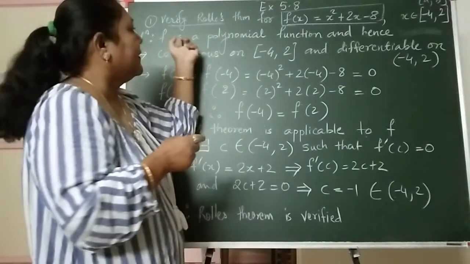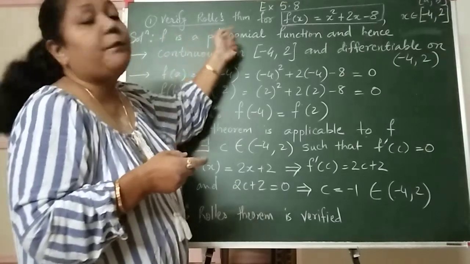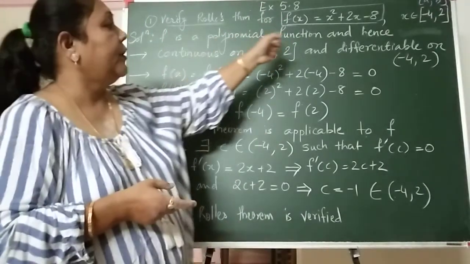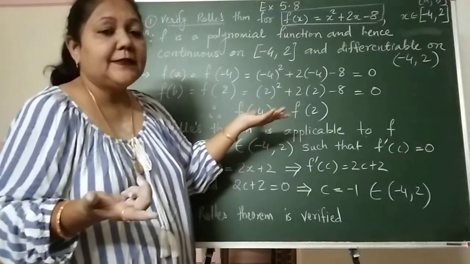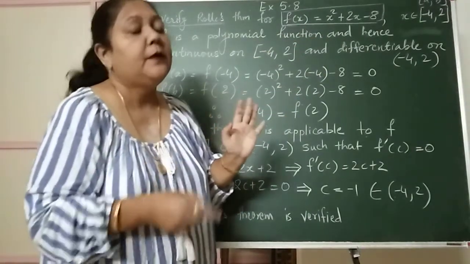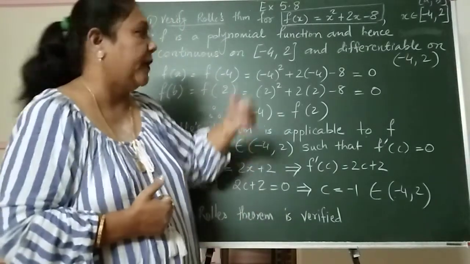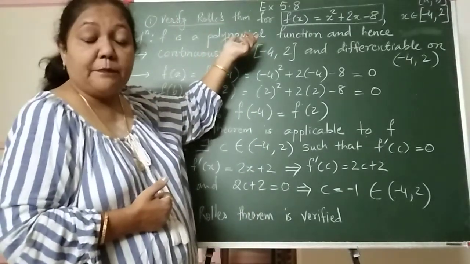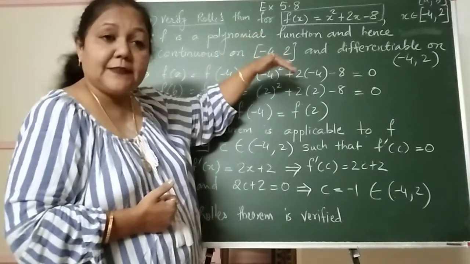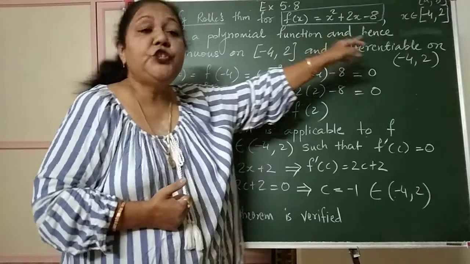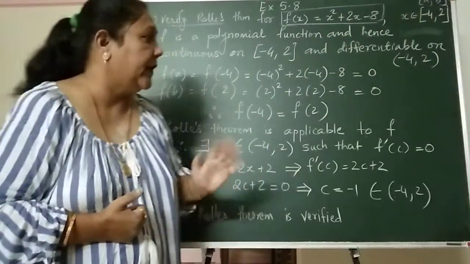So the first line is: f is a polynomial function. Since f is a polynomial function, hence it is continuous in the closed interval and differentiable in the open interval, because polynomial functions are always continuous and differentiable.